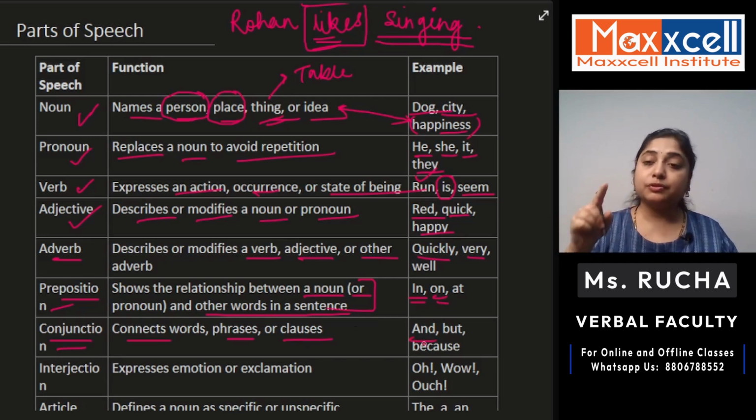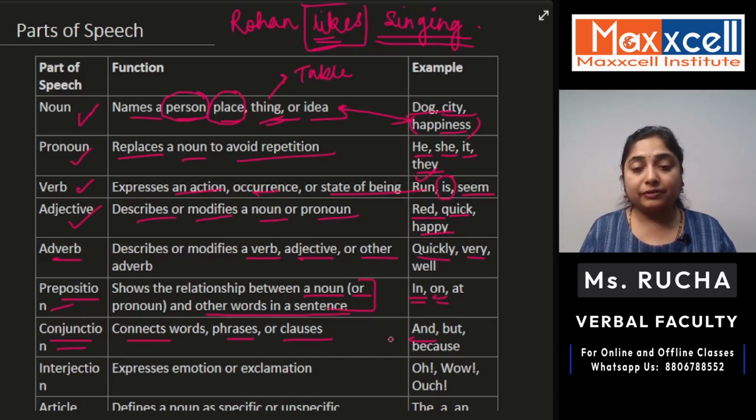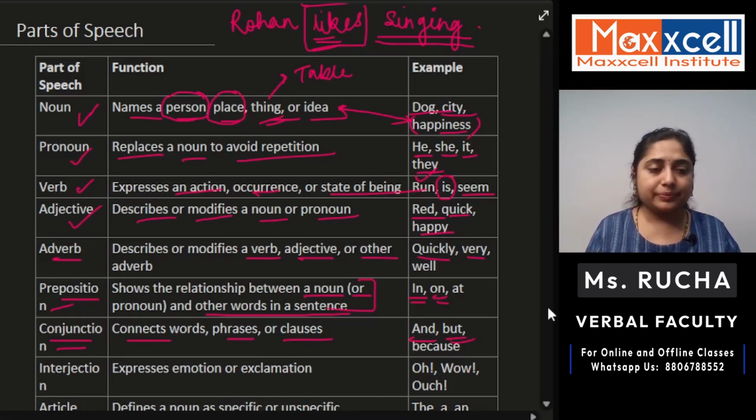Rita is a beautiful artist, but she is not very good in academics. Now what we have done here, with the help of but, we have combined two opposite ideas, right? So these are the words which will help you combine two sentences, ideas, phrases or clauses.